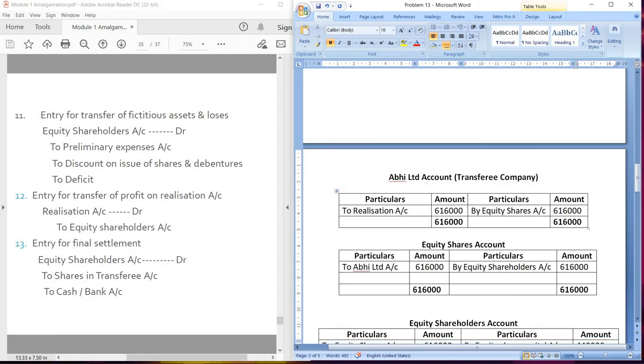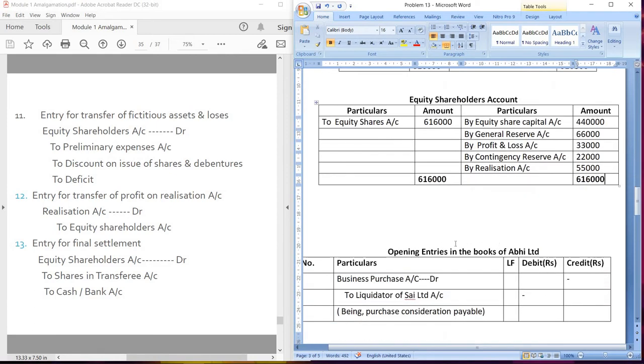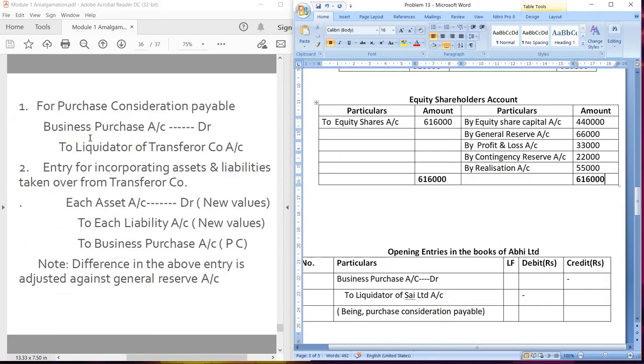Now let us pass opening entries in the books of the transferee company. So these are the entries. First entry is business purchase account debit to liquidator of transferor company, in this case Sign Limited. This entry is for purchase consideration payable.